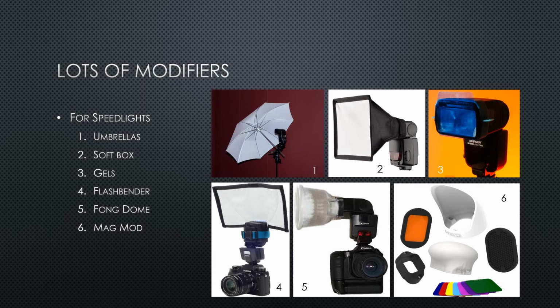With this system, you simply attach the black ring here to the flash head of your camera, and then you can pick a variety of different modifiers like the color gels, the bounce card, the equivalent of the Fong Dome, or this is what they refer to as a grid. Each of these different modifiers has a different effect on the final output of your light.